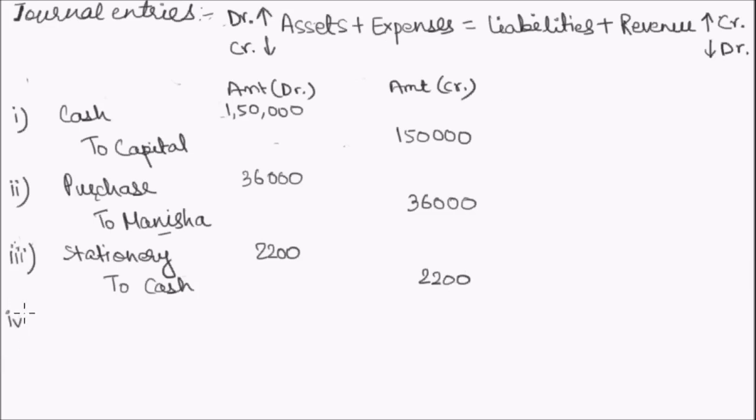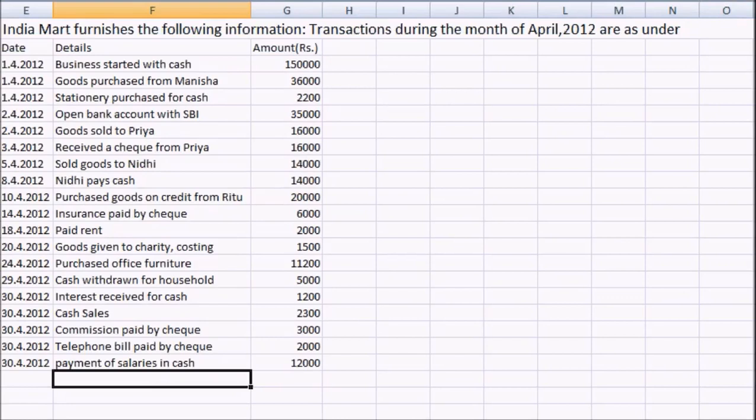Now let us come to the fourth transaction. Open bank account with SBI. Now opening a bank account needs cash. So we can understand that cash has been deposited into bank, and bank is also an asset now. So there are two accounts involved in this transaction. One is bank account and the another one is cash account.